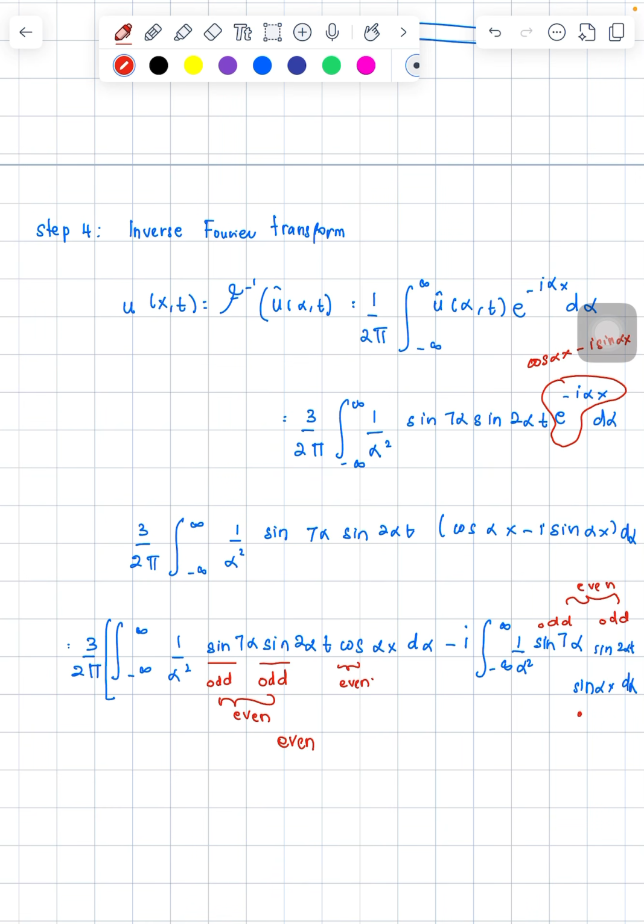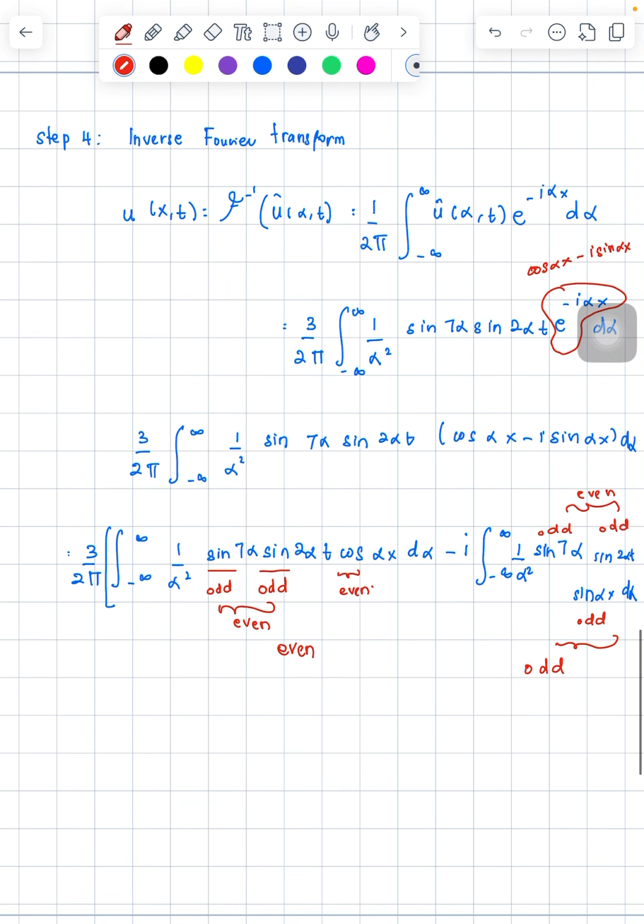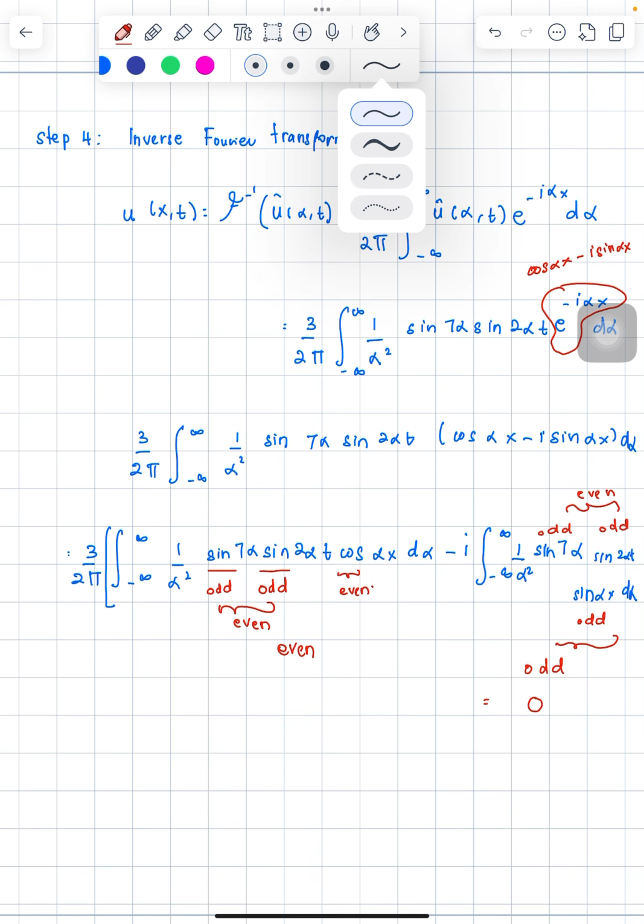Sine here is also odd, so even multiplied with odd, the product is odd. Remember, the integral of an odd function equals 0, so all this term equals 0.